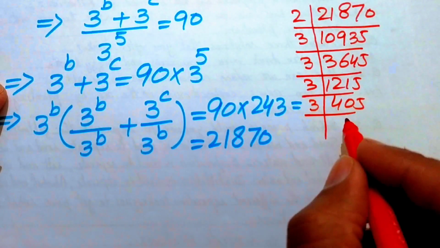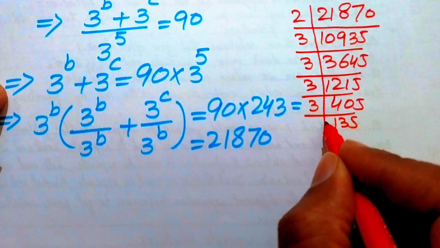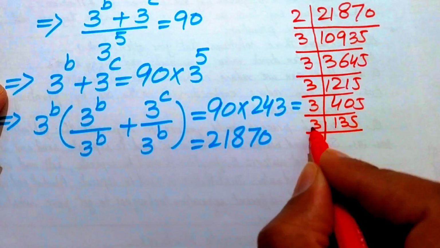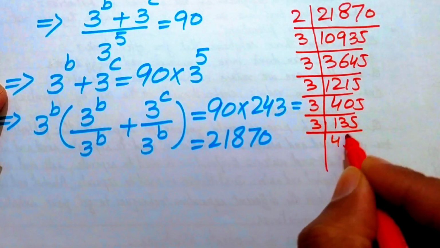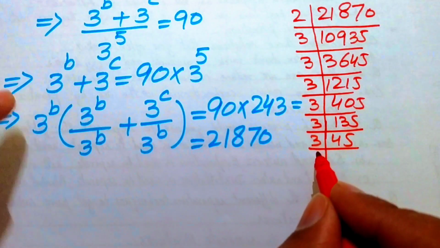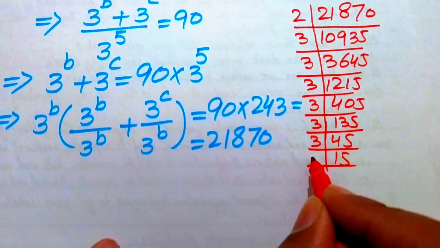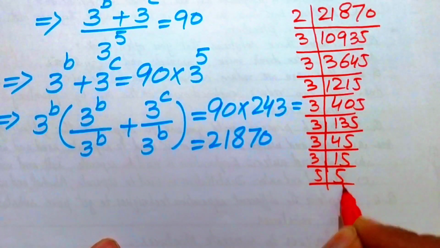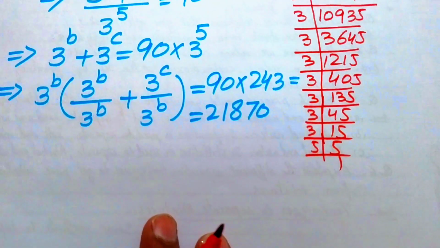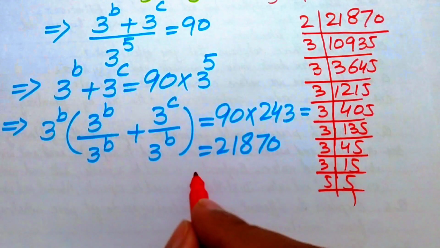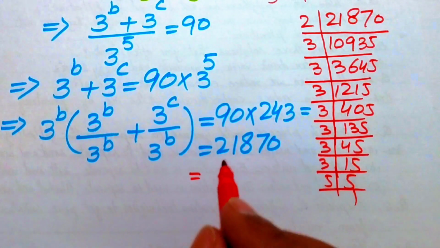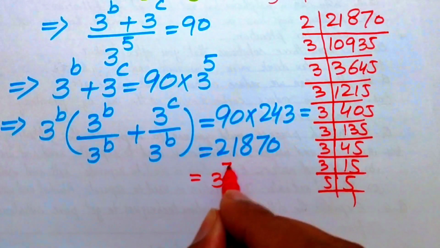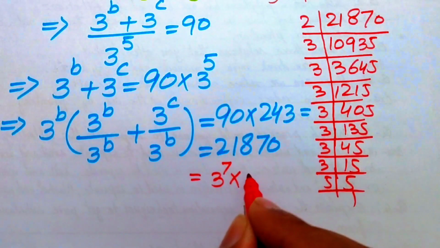We again divide it by 3 and we get 135. We divide it by 3 and we get 45. We divide it by 3 and we get 15, and then 3 times 5, and 5 ones are 5. So here you get the prime factors of this expression are 3 to the power of 7 multiplied by 10.